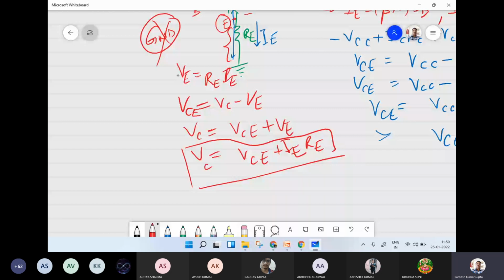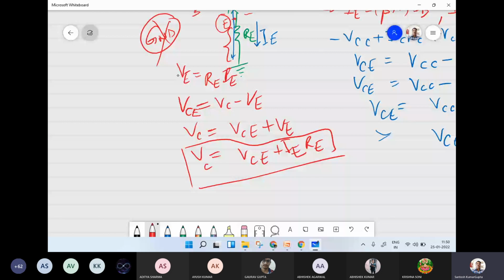Similarly, the base voltage can also be found here. We can make use of the relation VBE is equal to VB minus VE, and from here the base voltage will be equal to VBE plus VE.